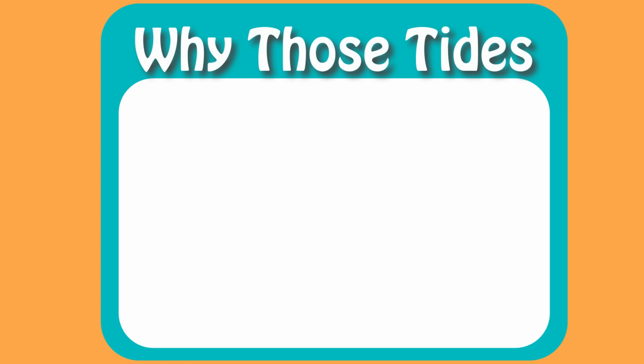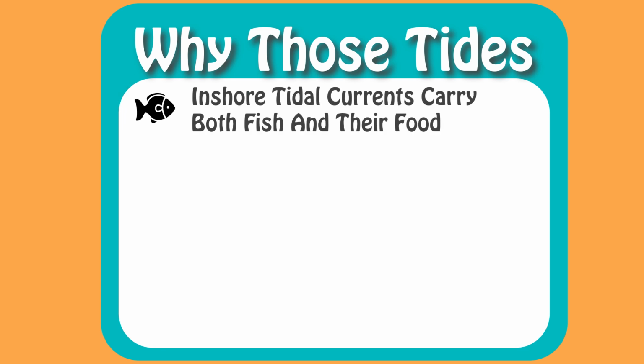One of the main reasons why larger rising tides can be preferable is that they promote inshore movement of marine life. Microplants and creatures like plankton and krill get carried inshore by these tides, along with the bait fish and larger fish that follow.